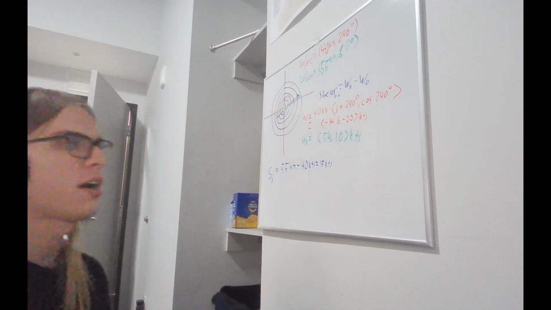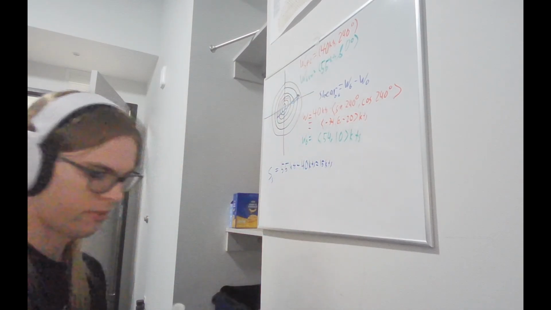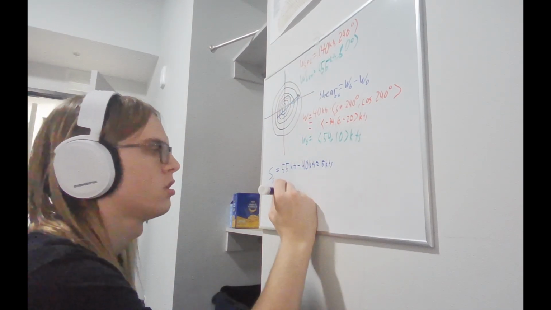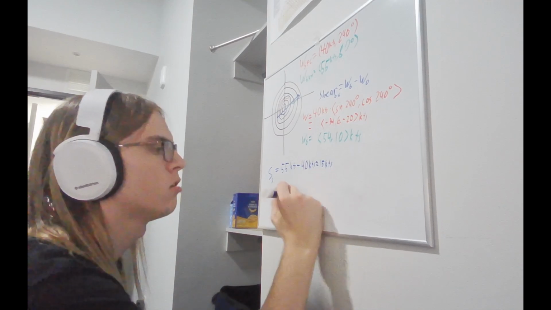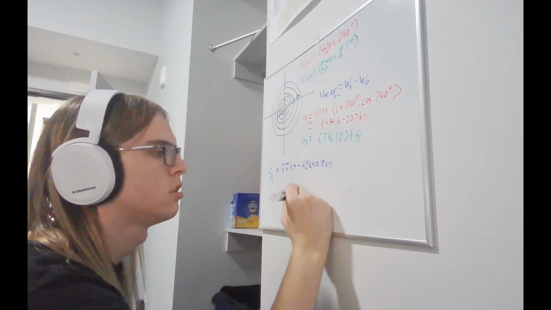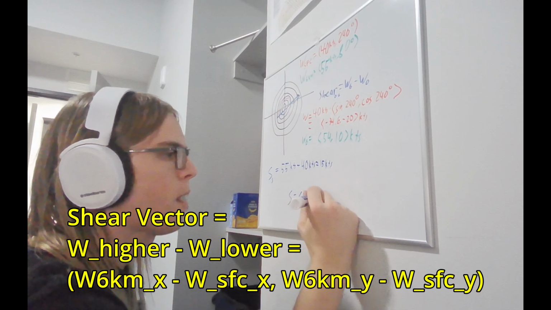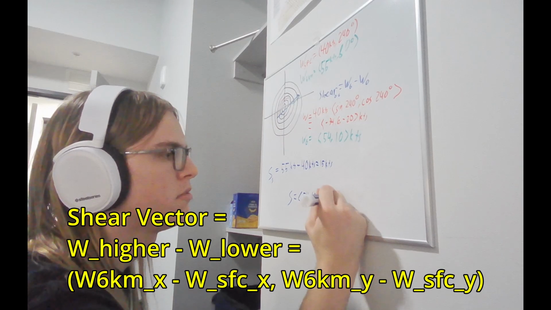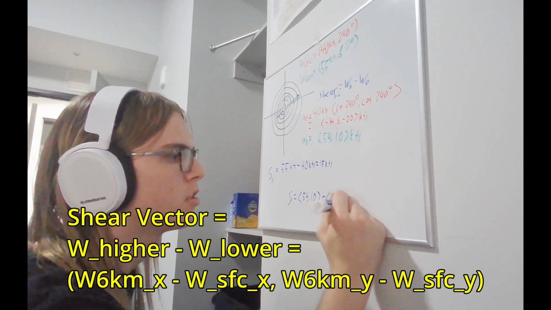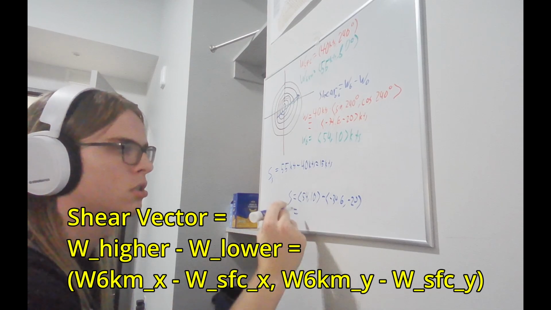And if we plug it back into the equation of shear equals that one minus that one, the shear vector equals 54, 10 minus negative 34.6, negative 20.